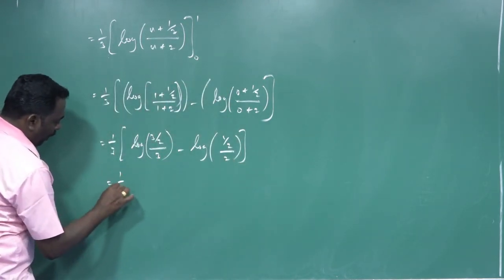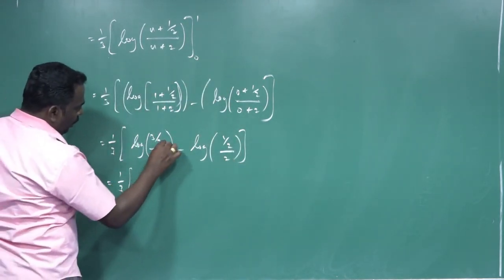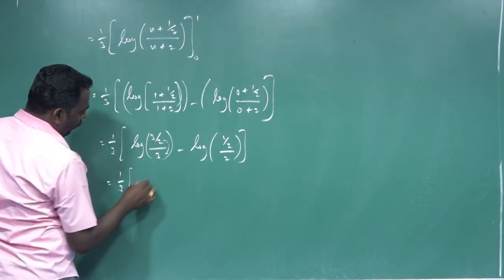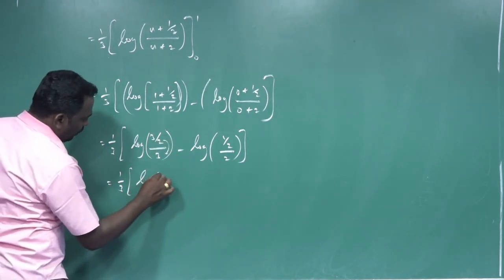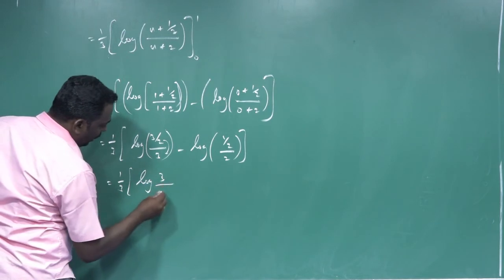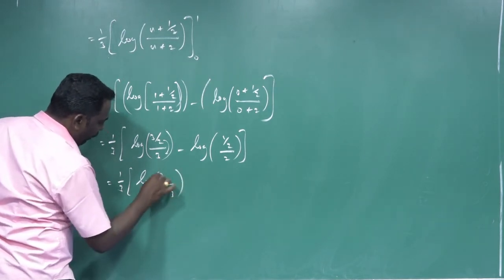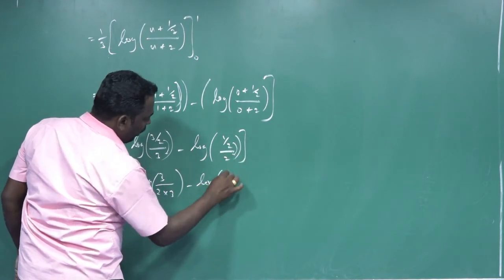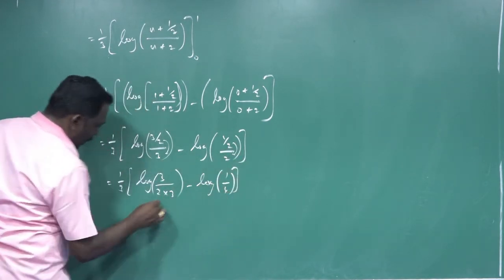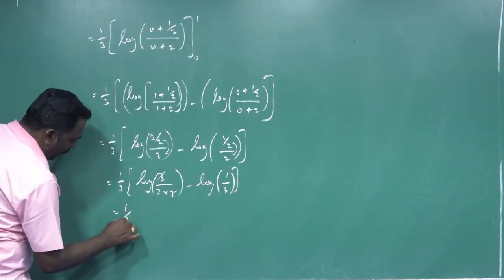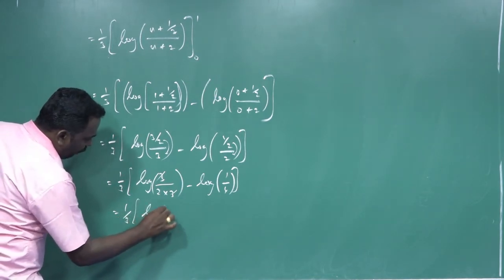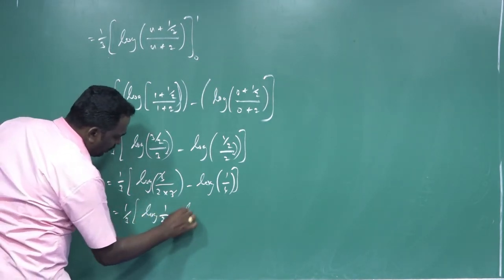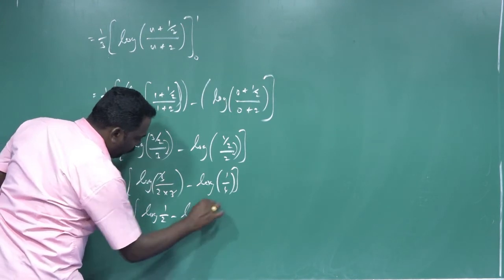That is equal to 1 by 3 within the bracket, the 2 comes to the denominator, log of 3 by 2 into 3, then minus log of, 2 comes to the denominator, 1 by 4, and 3 are cancelled. It is equal to 1 by 3, log of 1 by 2 minus log of 1 by 4.